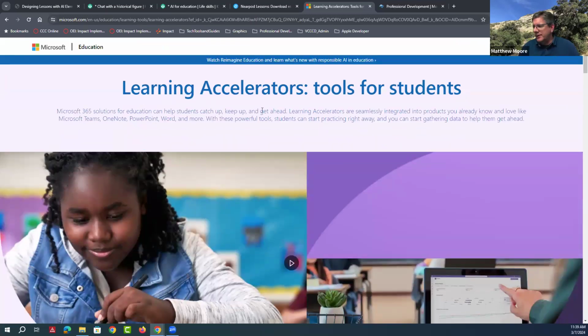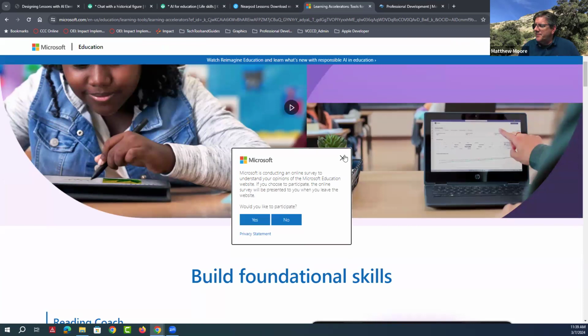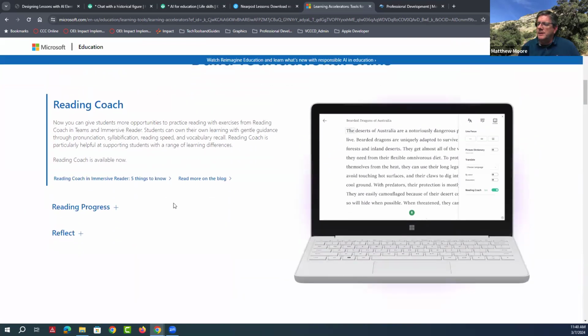They're frequently called learning accelerators. The Reading Coach gives your students opportunities to practice reading with exercises, but it also evaluates the reading.